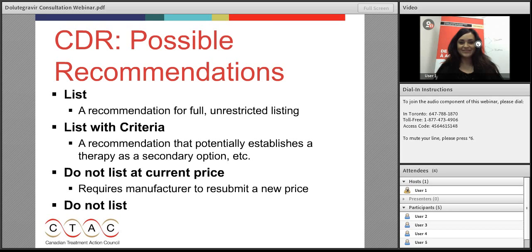Probably more common is the second recommendation, to list with criteria. And these criteria could be clinical, cost-related, or both.